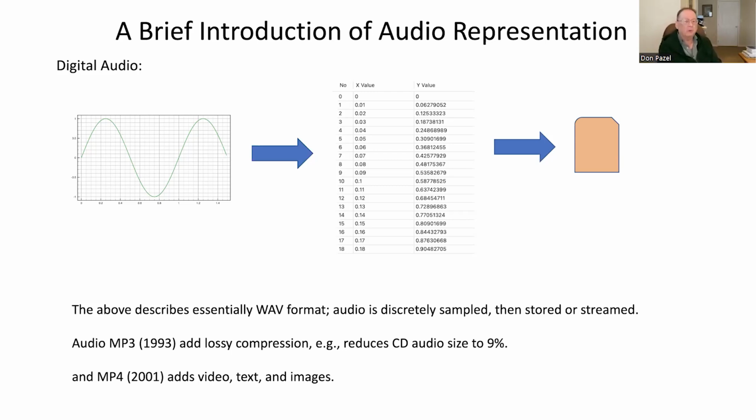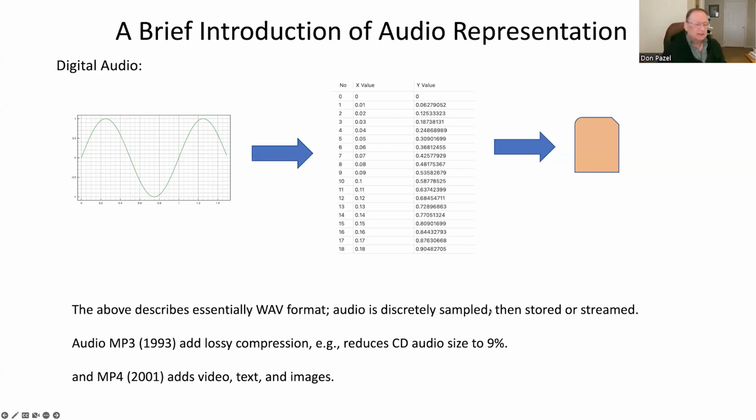I have an X and a Y value, as I show here. The Y value in this case is normalized between 1 and -1. There's several variants of this available that you could read about. And then that was stored away into a file, or streamed, or moved in some way.